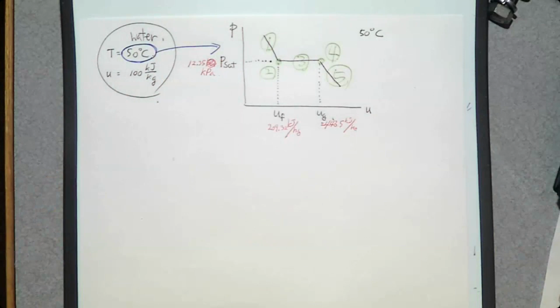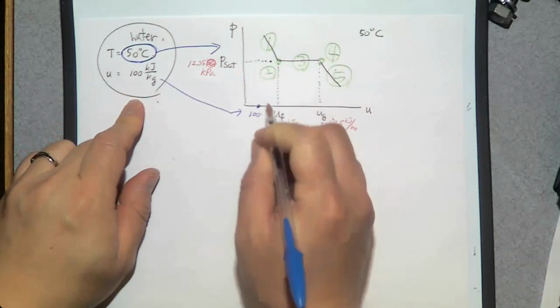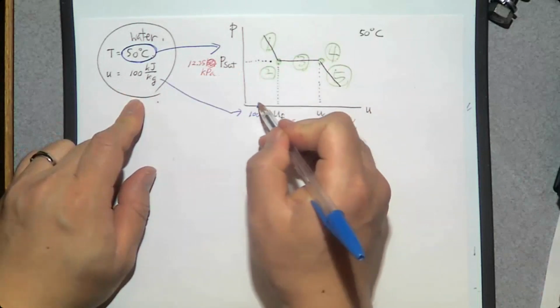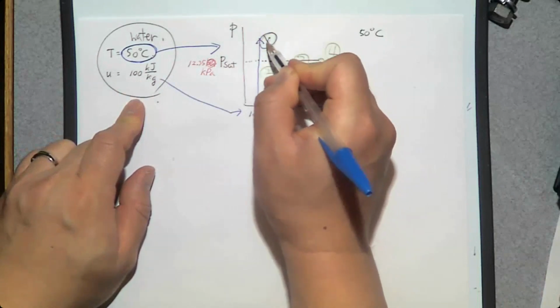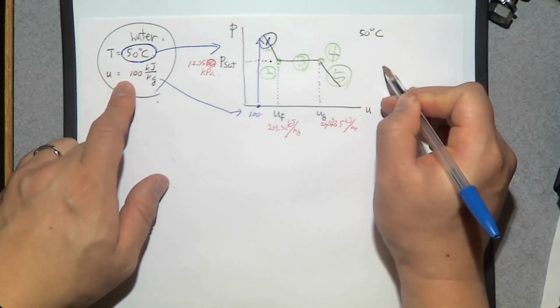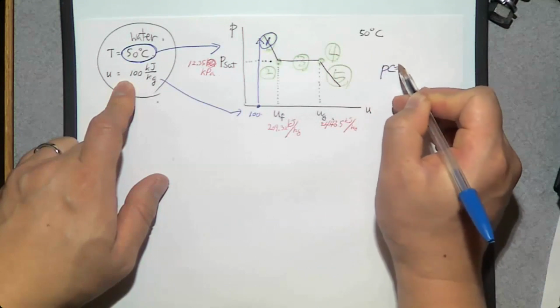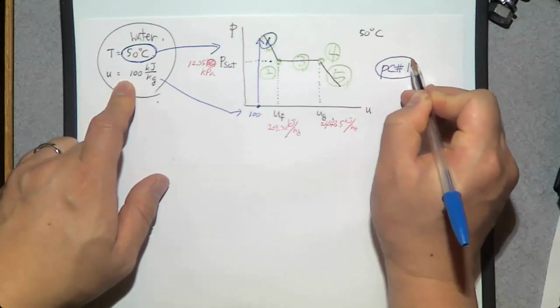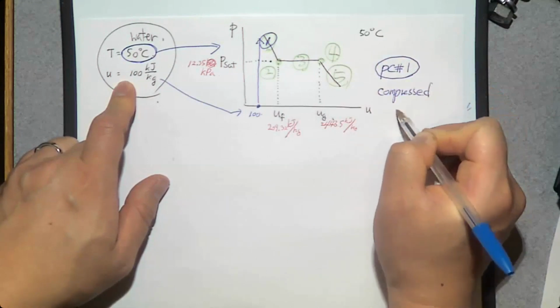So 100 should be somewhere on the left-hand side. So I'm going to say here is 100, this one. So what is the phase change process? Number 1. You can say at this temperature and this specific internal energy, water should exist as phase change process number 1, compressed liquid.